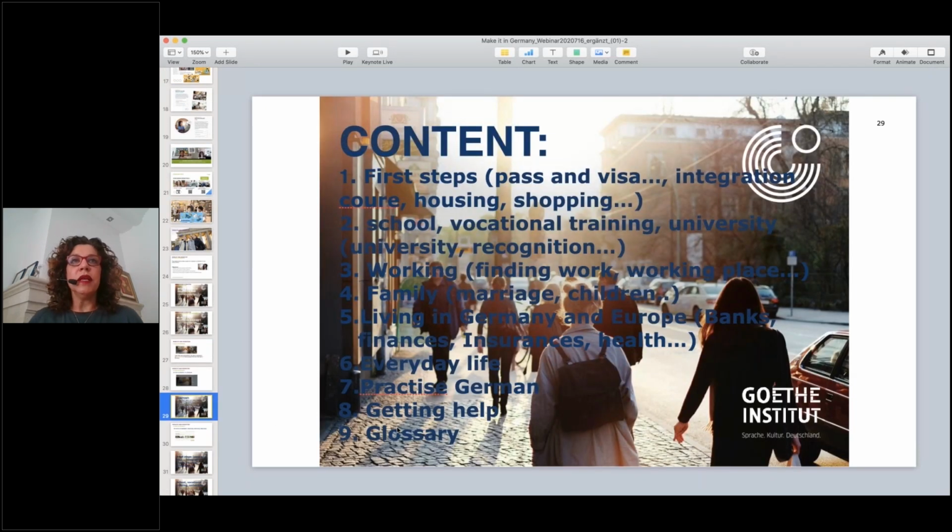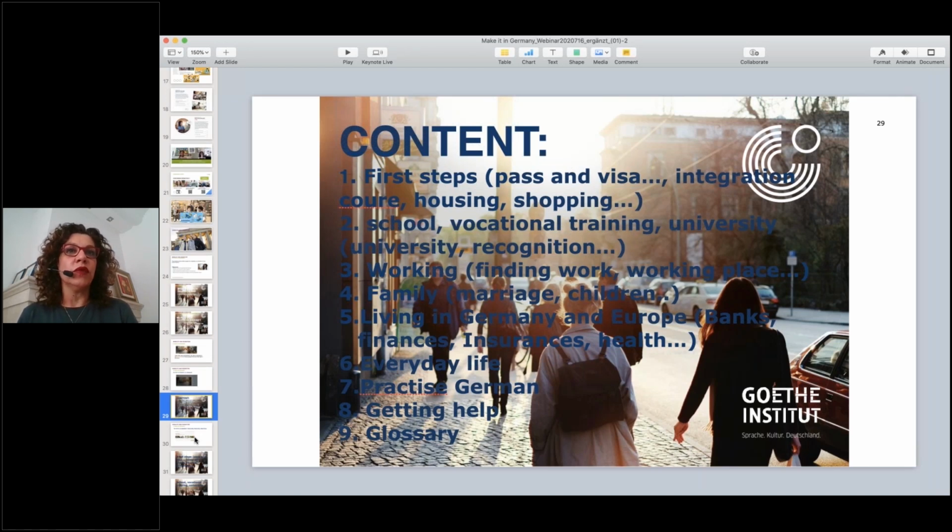Thank you. This is the content of the portal Mein Weg nach Deutschland. So you have here nine points. I will maybe not present all the points, but pick up some interesting and very important ones for the integration in Germany. First steps, school and the educational system in Germany, how does it function?